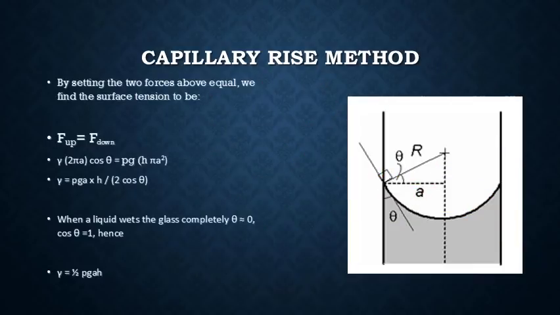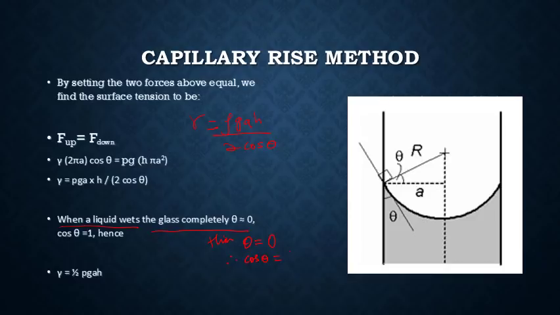So following from the previous slide, we have worked out that gamma is equal to density times gravity times a times h over 2 cos theta. When a liquid wets the glass completely, which happens in a very thin capillary, we assume theta is equal to 0.